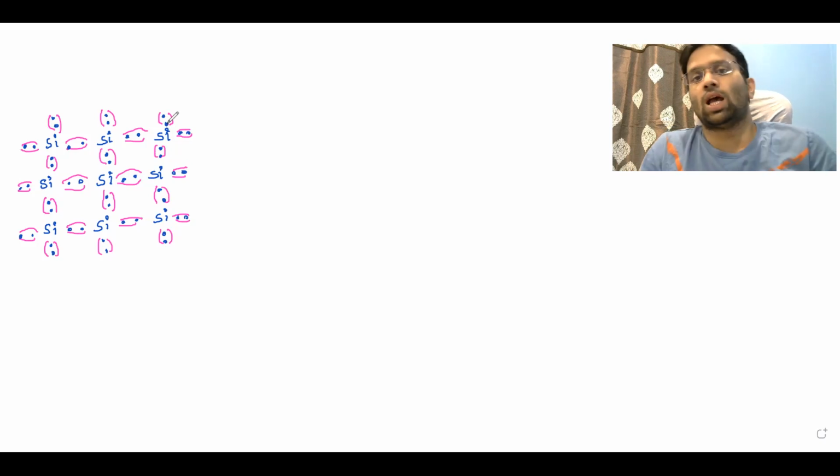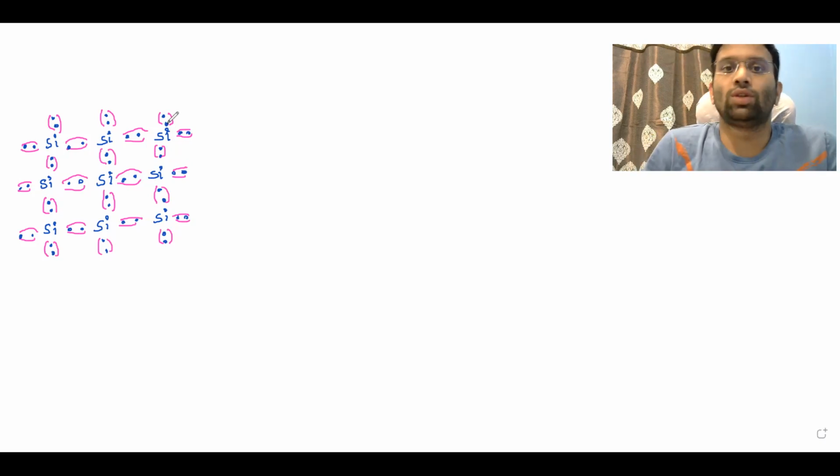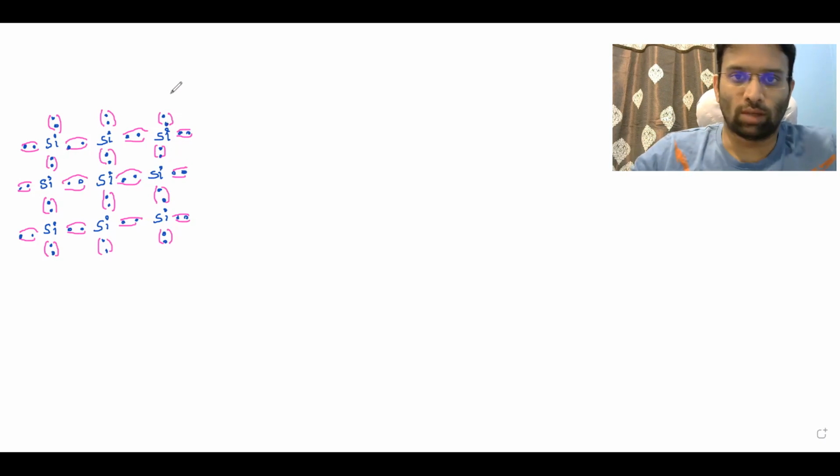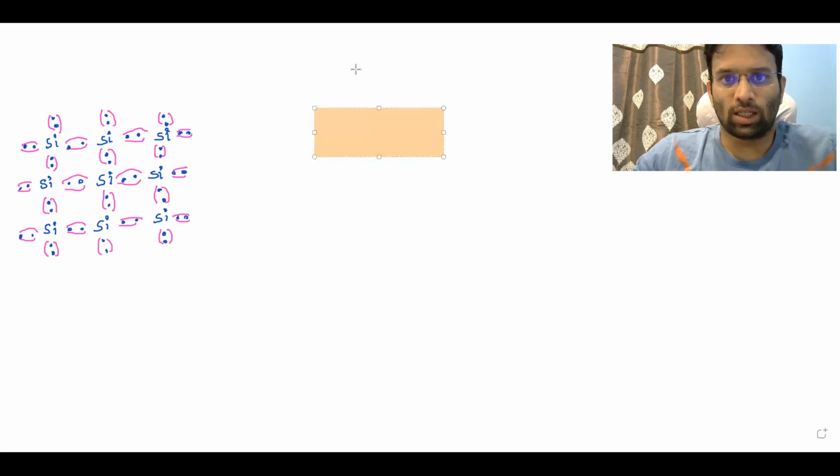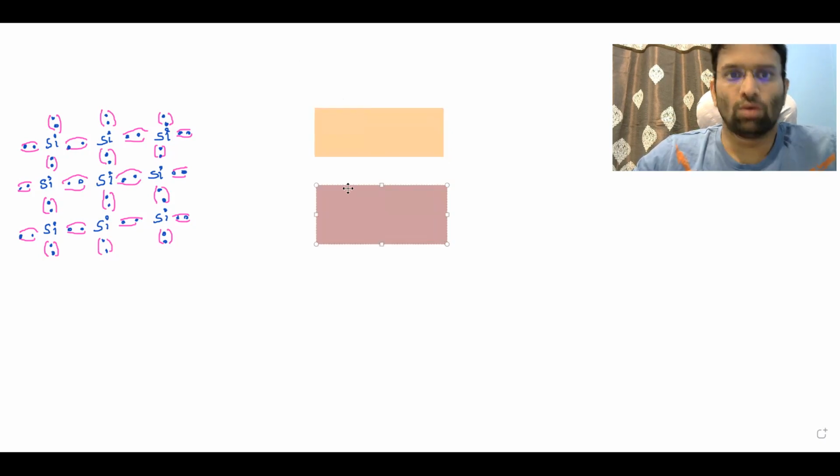Now as the temperature rises from 0 Kelvin to some higher temperature, as you very well know, in these semiconductors you have a valence band and a conduction band.